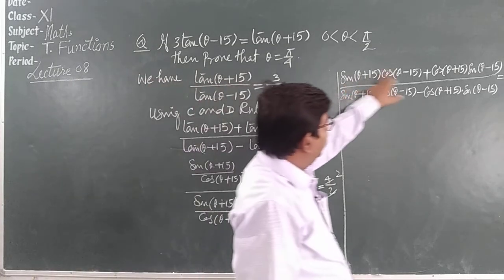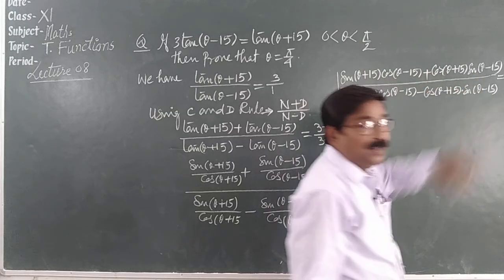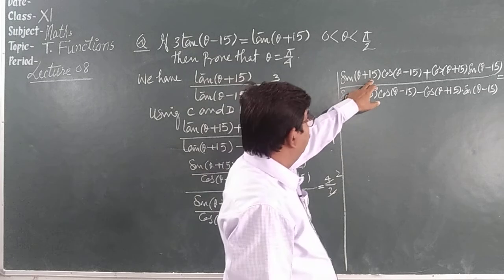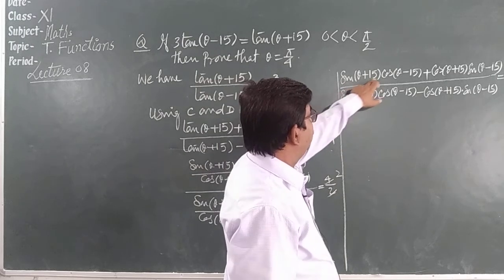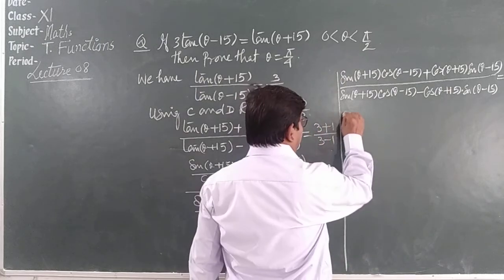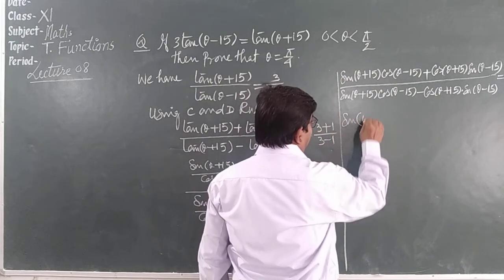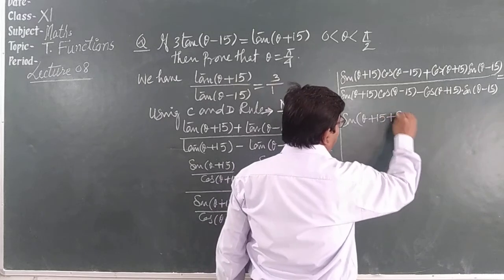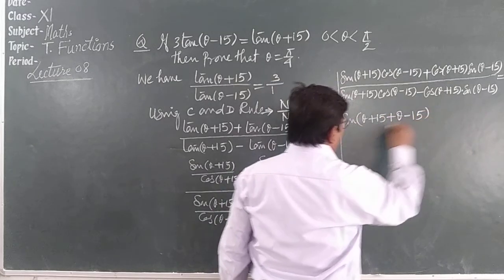See, sine A cos B plus cos A sine B is the formula of sine A plus B. In place of A we have theta plus 15, in place of B we have theta minus 15. So we can write sine of theta plus 15 plus theta minus 15.